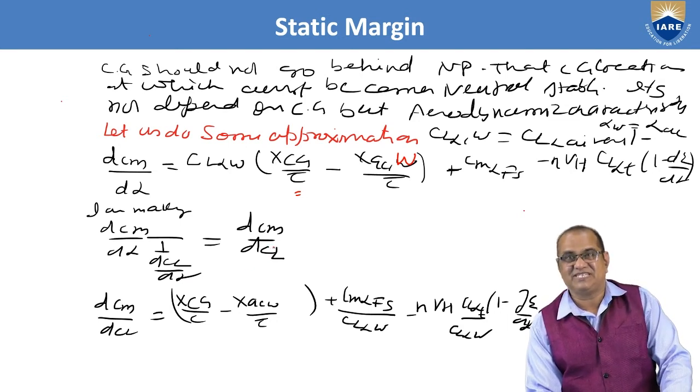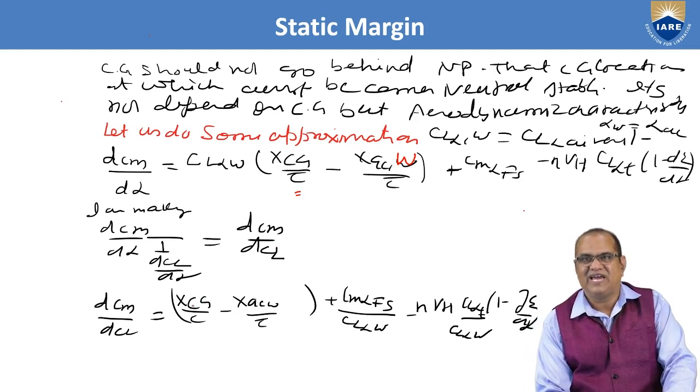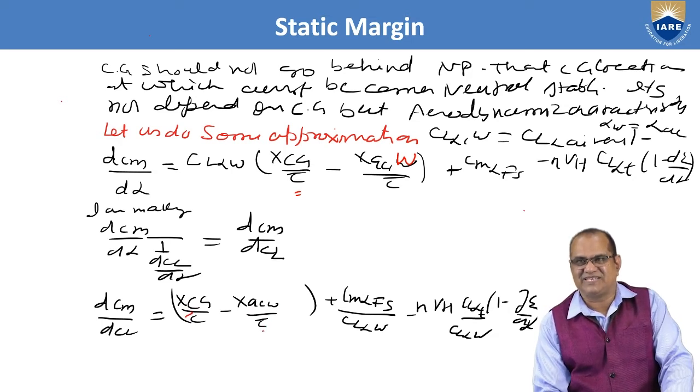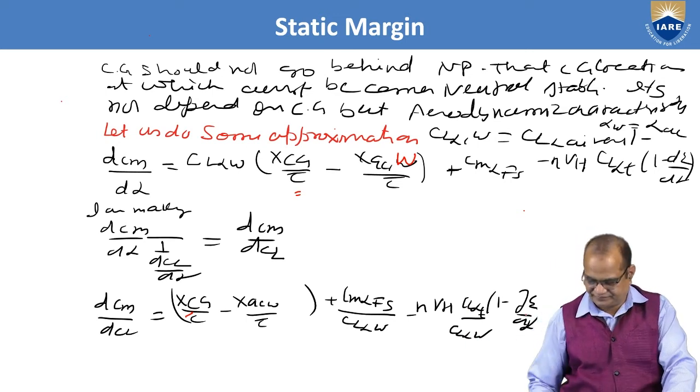So in place of dCm by d alpha, we will write dCm by dCL is equal to XCG by C bar minus XAC by C bar plus Cm alpha Fs by CL alpha W minus eta VH CL alpha T by CL alpha W times 1 minus d epsilon by d alpha.